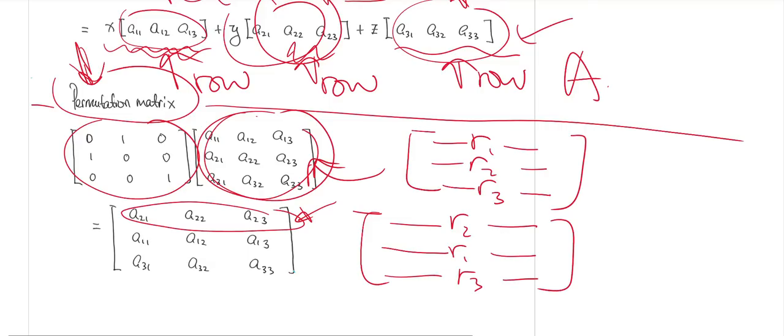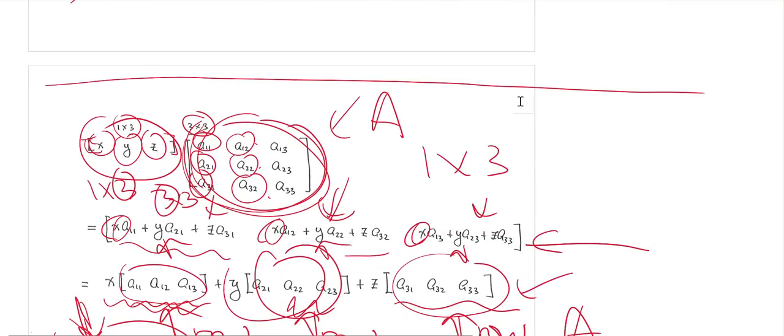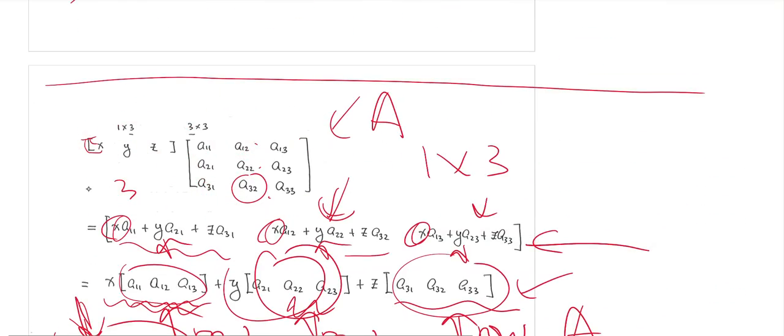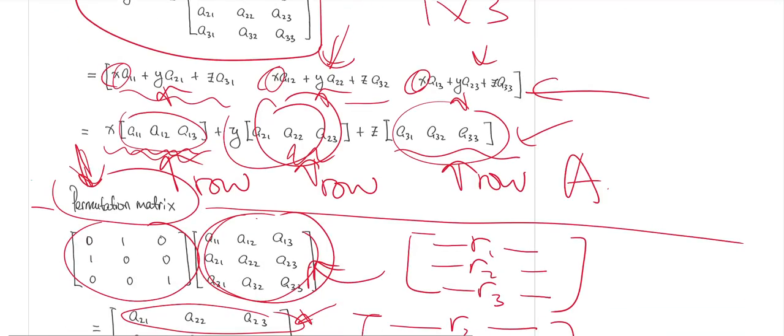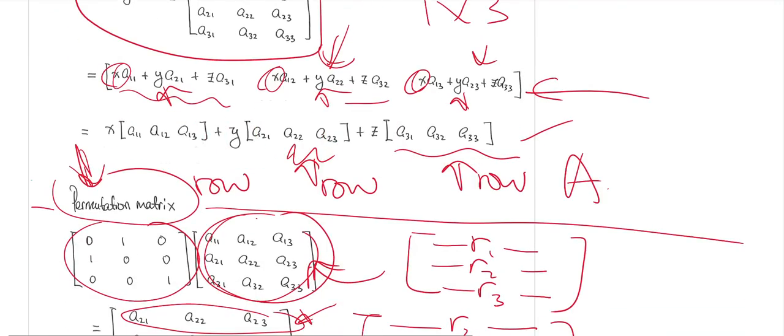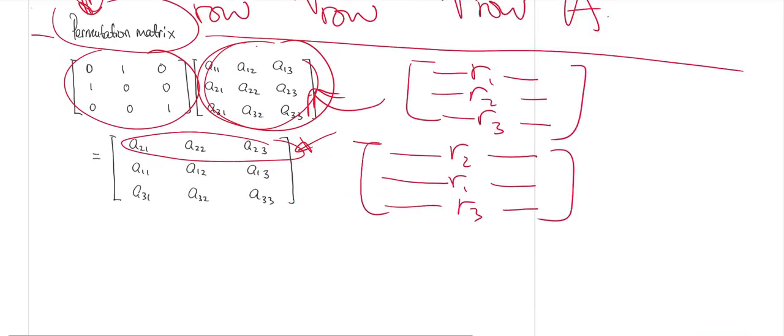You can very easily see that if you have this perspective. If you can see that this matrix multiplication actually gives you this, then this will come in pretty handy.